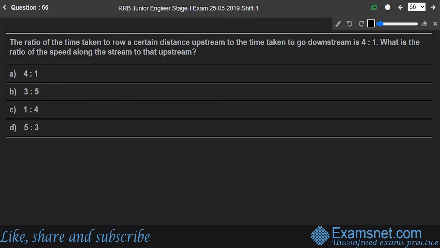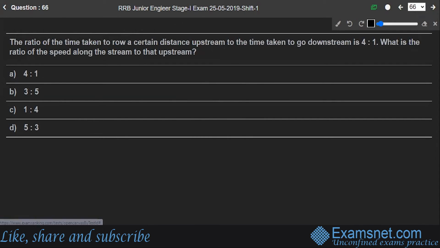The ratio of the time taken to row a certain distance upstream to the time taken to go downstream is 4:1. So that means if you have taken 4 hours to go upstream, you have taken only 1 hour to come downstream. What is the ratio of the speed along the stream to that of the upstream?